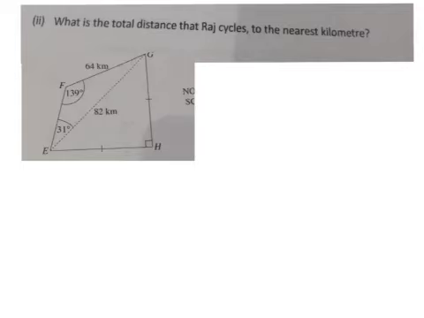Now, before we even answer this question, which is asking us the total distance that Raj cycles to the nearest kilometer, if we need to add all this, we already found EF, which was 22 kilometers from the previous part, but we still don't know what GH is, and EH, even though they are equal.